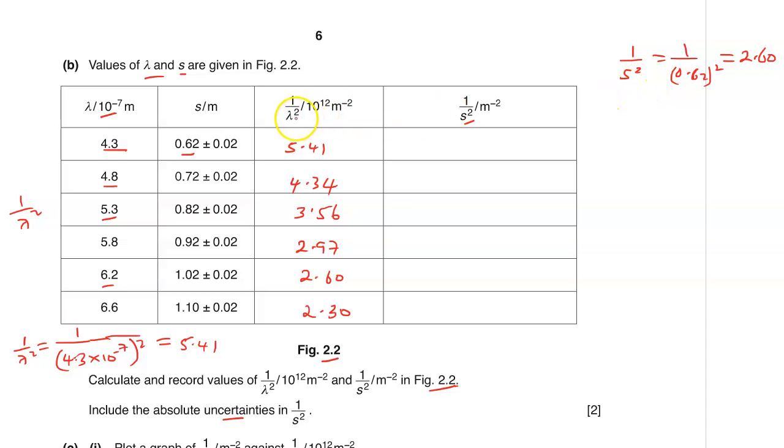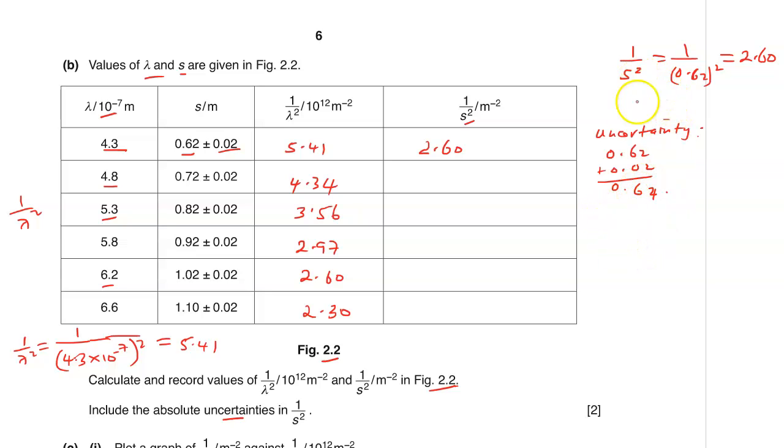Now for s, you can see s in meters here, so you put it there, you get 2.6, you write it here, 2.60. Then to get the uncertainty, you take these absolute uncertainties and add: 0.62 plus 0.02 gives 0.64.